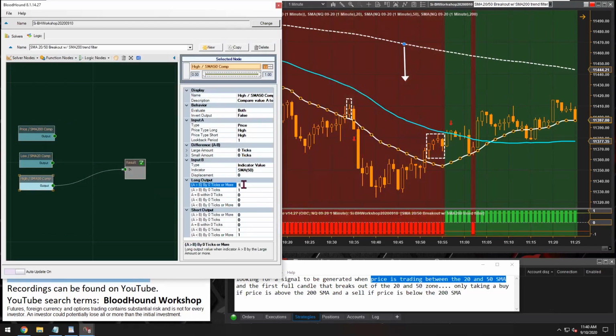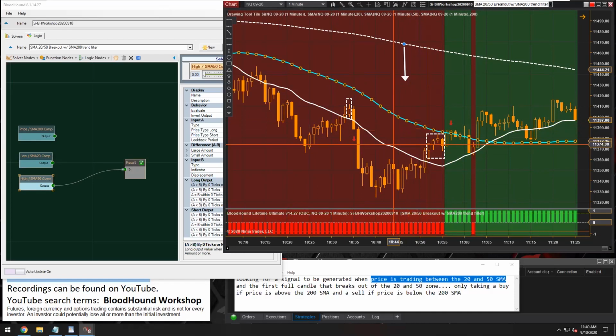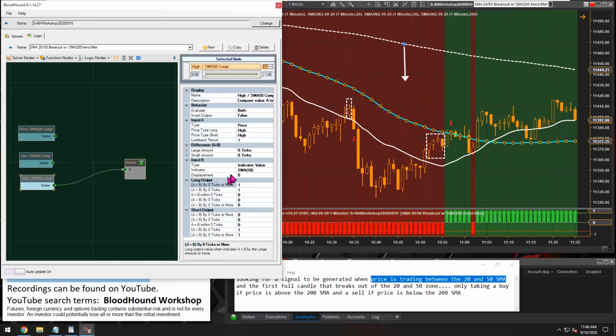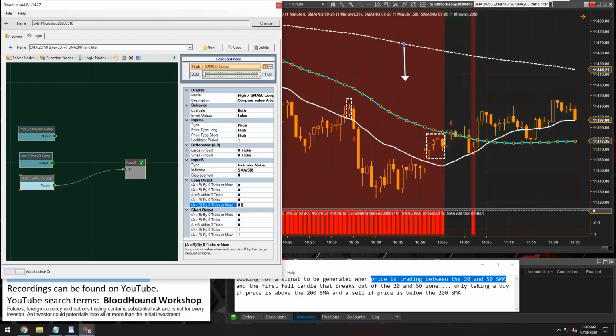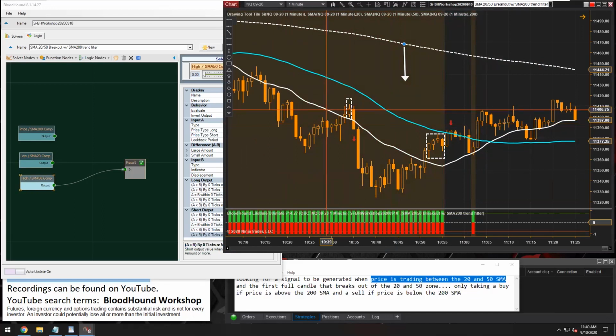This time, I want to make sure that the high price of the bar is below the SMA 50. So my outputs, I want A to be less than B. So whenever the high of the bar is below the SMA 50, I'm getting a long and short output.